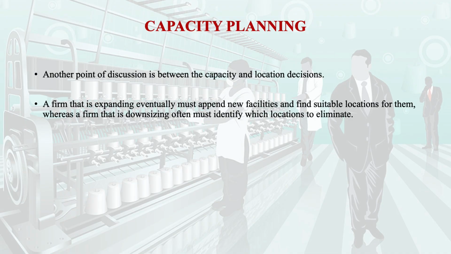So one has to see how capacity will match with the location decision. A firm that is expanding eventually must add new facilities and find suitable locations for them, whereas a firm that is downsizing often must identify which locations to eliminate.